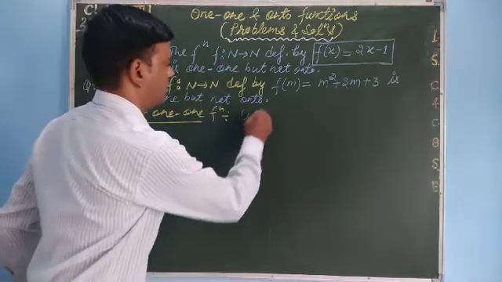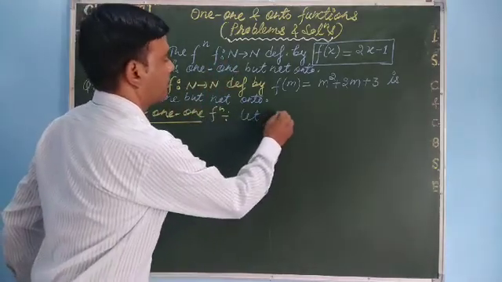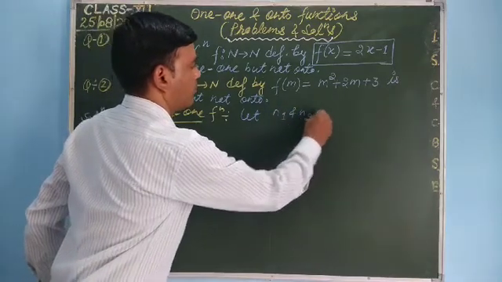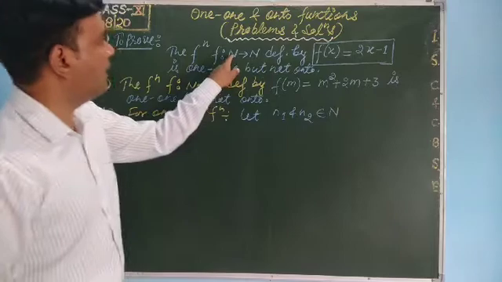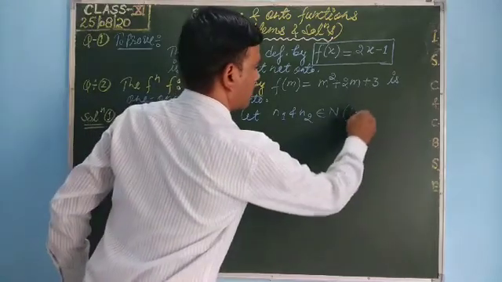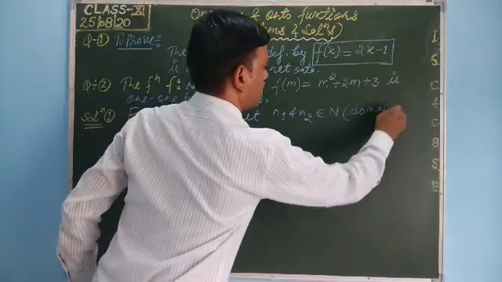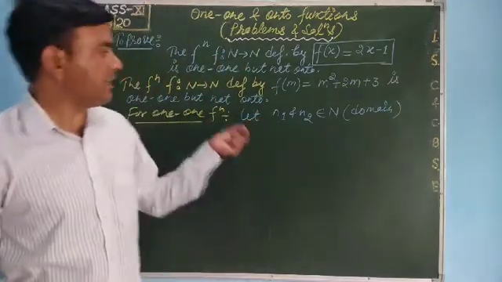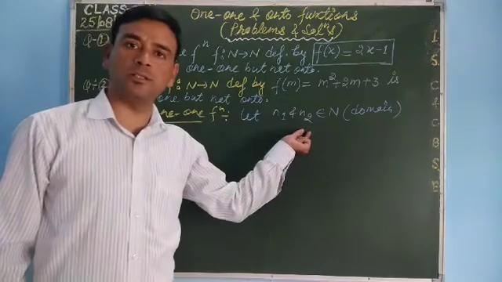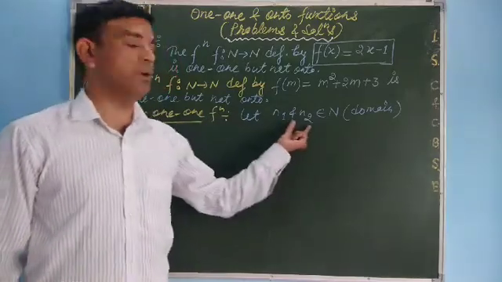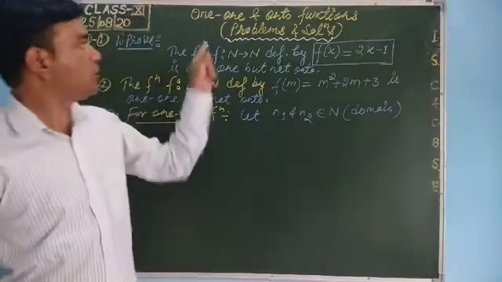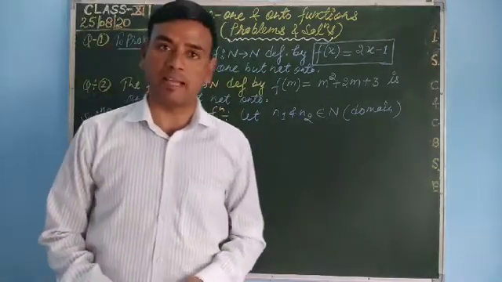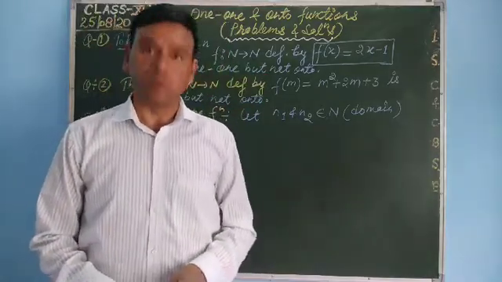So let n1 and n2 belong to N, that is domain. Mathematically, what we have to prove here is that if image of n1 and n2 is same, then these two elements must be same. According to the definition of one-one function, different elements of domain must have different images in codomain.